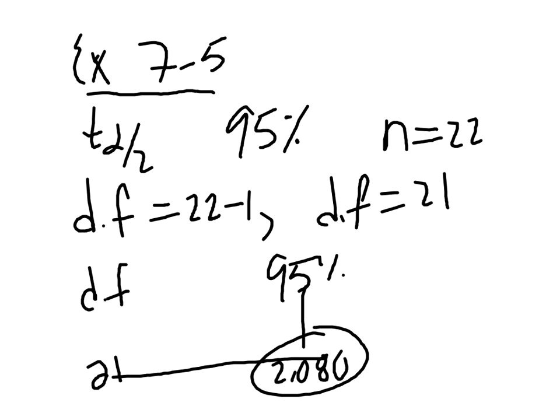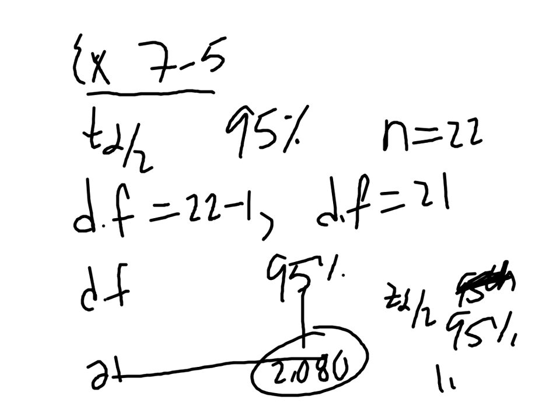With the z-tables, our z sub alpha over 2 for the 95% confidence interval was 1.96. Notice that 2.080 is slightly bigger than 1.96, and when used in the formula, it's going to stretch out, or increase, our confidence interval.